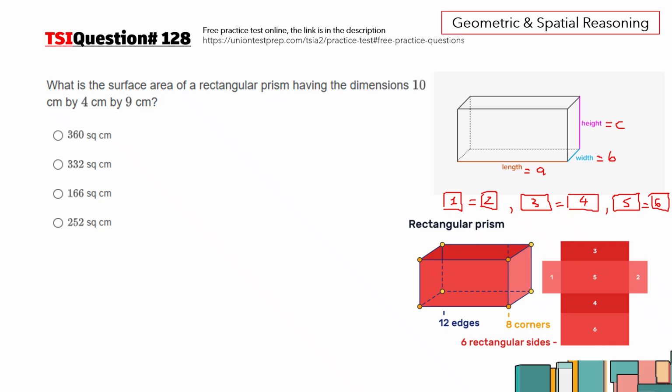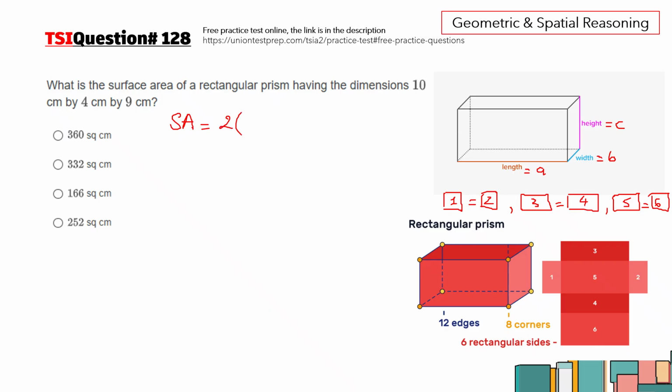Now we have to find the surface area, meaning the area that covers the outside of that shape. We know that is all 6 sides added up. So we can do the area of 1 and multiply by 2, because you have 2 sides of that. The formula for the surface area will be 2 open parenthesis.